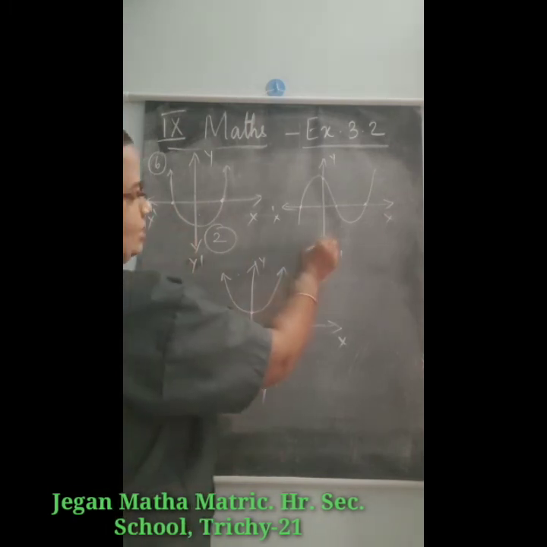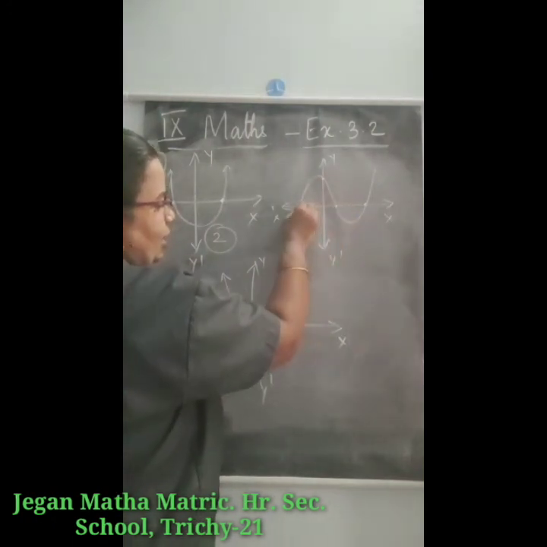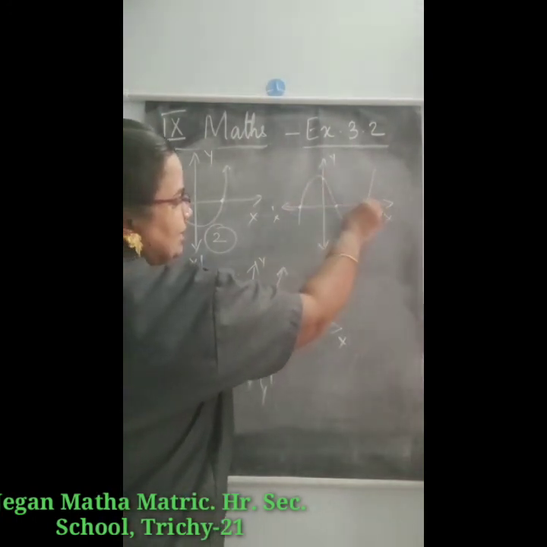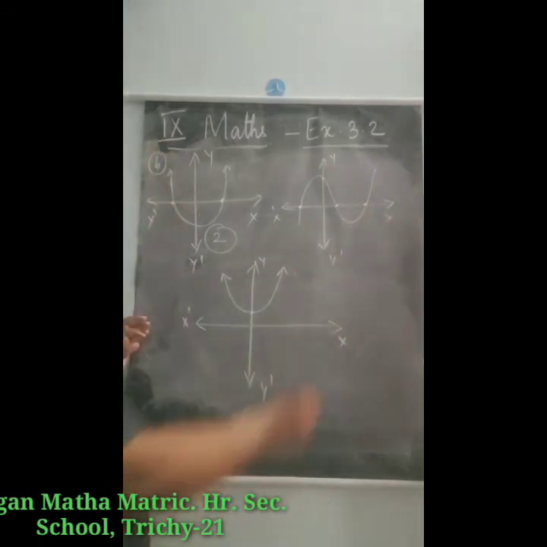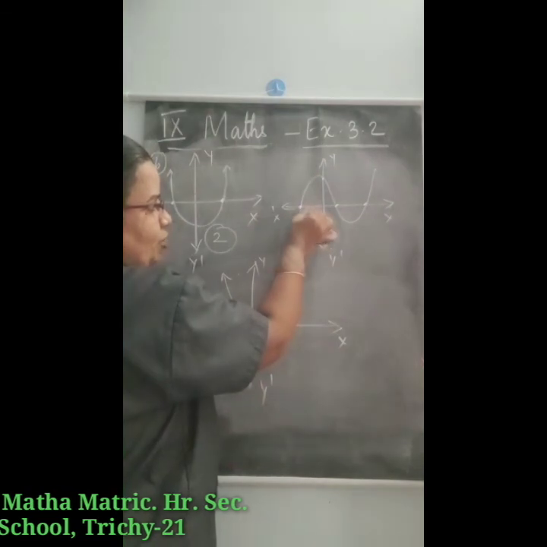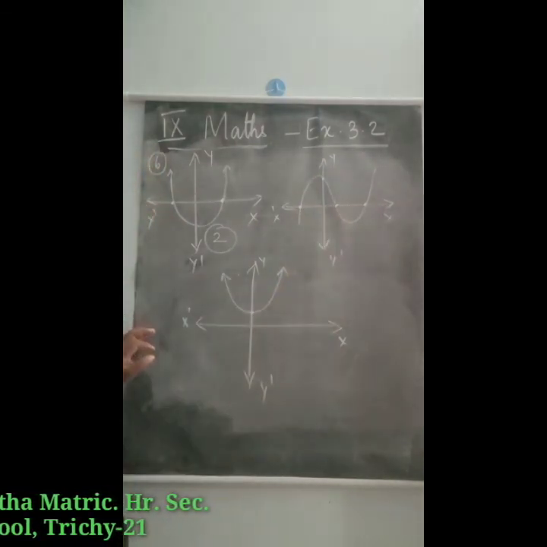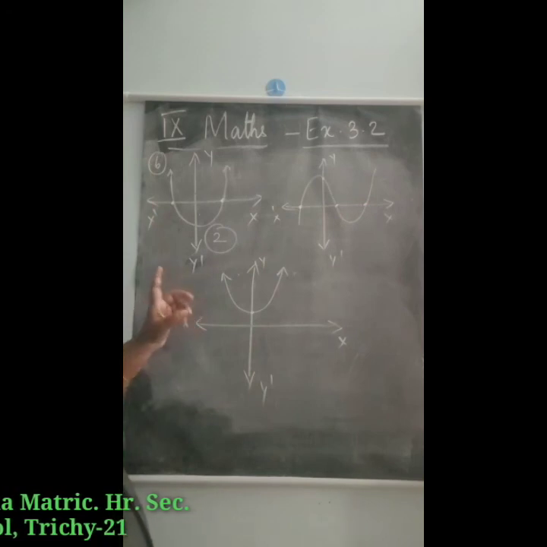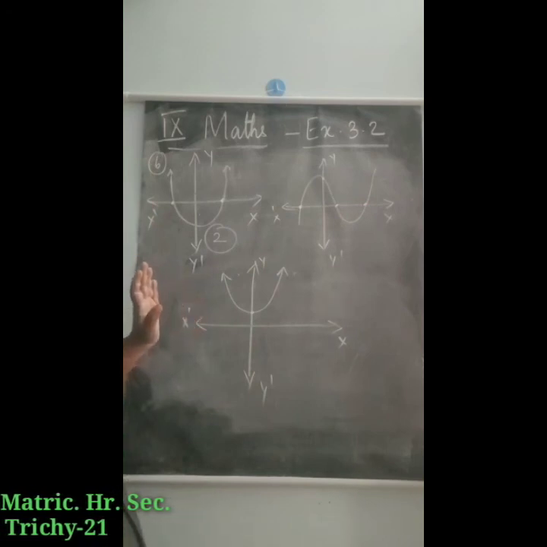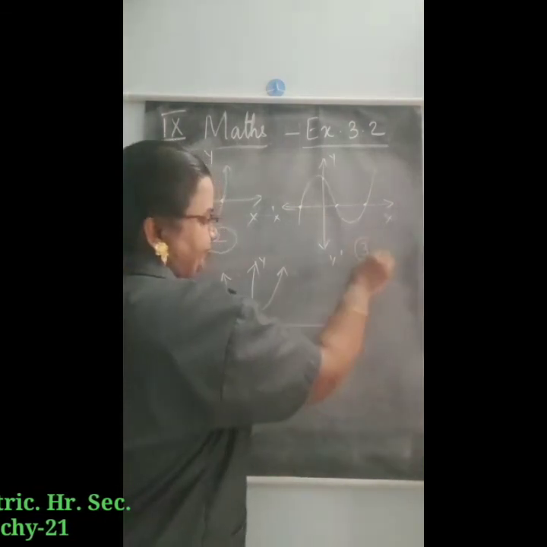And check this. In this curve, there are 3 points where it cuts the x-axis. This is the y-axis; don't bother about the y-axis. Only find out on the x-axis. So 3 points are there, cutting the x-axis at 3 different points. So the number of zeros of the given curve is 3.